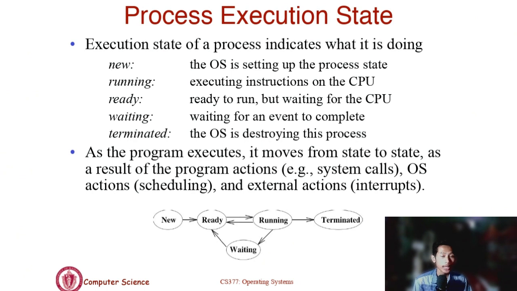And when a process is in the waiting state, it's waiting for a particular event to occur, such as an input or output operation to complete, or a signal from other processes. For the last, in the terminated state, the process has completed its execution and the operating system is in the process of cleaning up resources associated with the process.